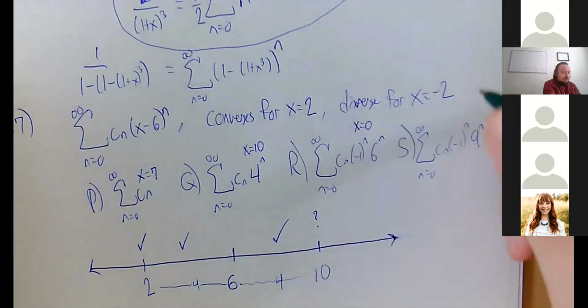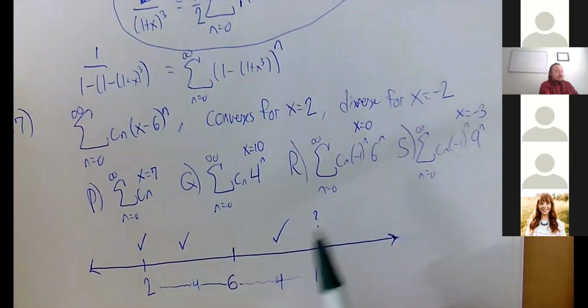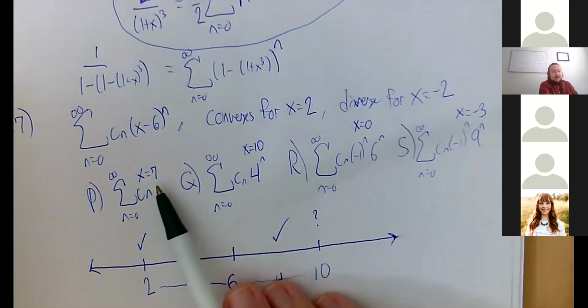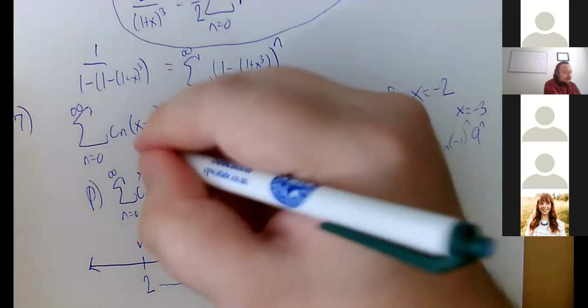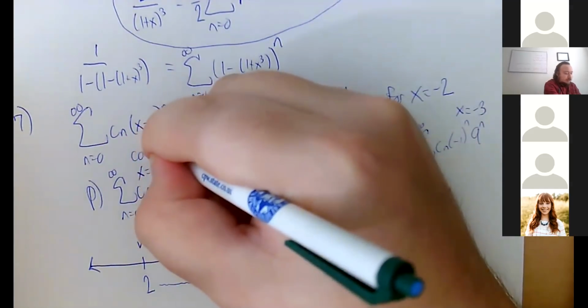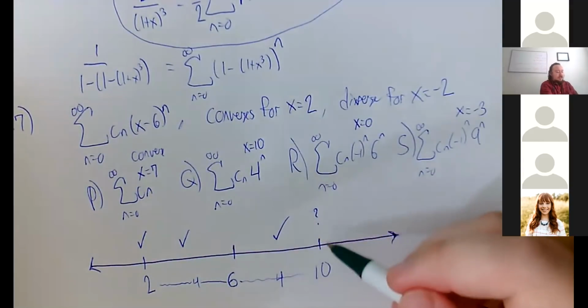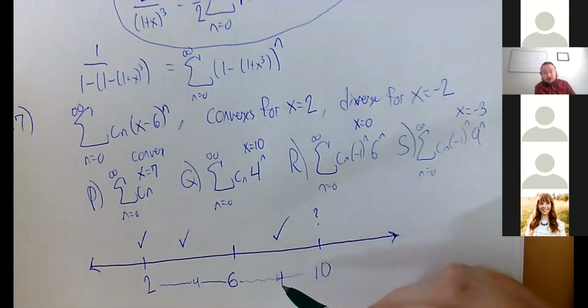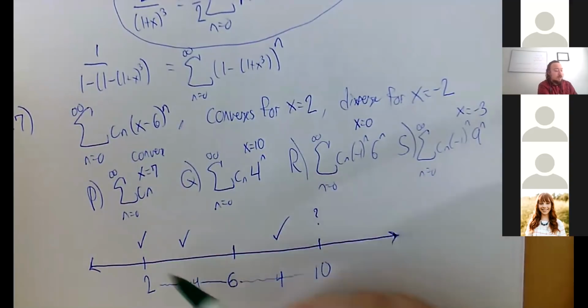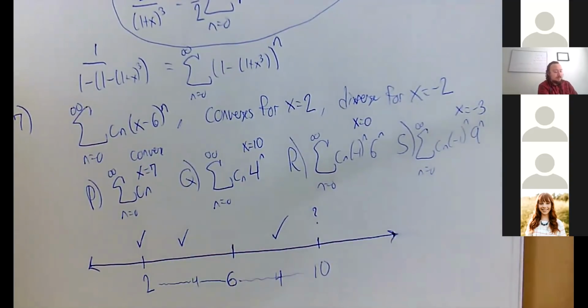That's x equals 0. And then what do we need to have this be to be -9? That's x is -3. Okay, so we can immediately answer that this one is okay. So P is going to converge because it's in the safe zone here. It's definitely within the radius of convergence, which is at least 4. We know we extend out to this 2.